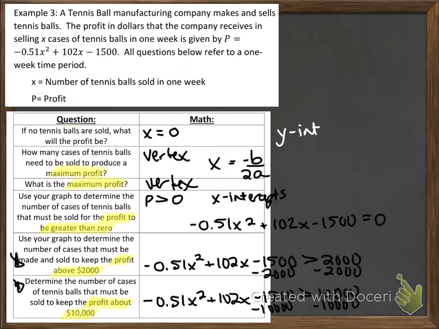If I'm paying people to work in my tennis ball plant, and I'm spending money on materials and all that stuff, so I have money going out of my bank account and I don't have any money coming in because I'm not selling anything, it makes sense that I would be losing money. So my y-intercept is negative 1,500. My profit wouldn't really be a profit at all. It would be a loss of 1,500.